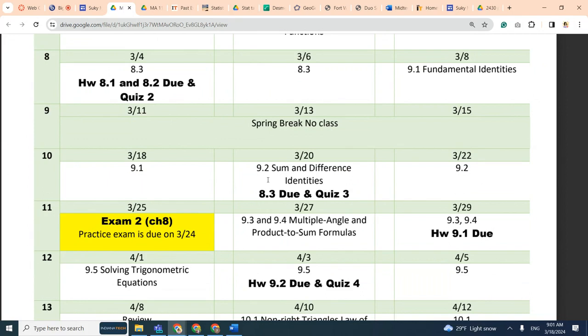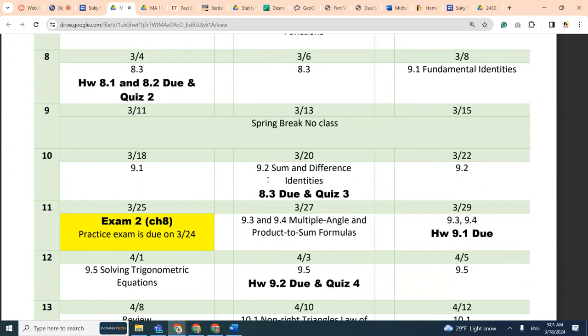You know, the actual exam and the practice exam are similar, right? So you're gonna solve those problems and try it a couple times, and also change the trig functions, because in the practice exam, if I ask you sine, then your actual exam might be cosine, tangent, secant, cosecant, cotangent, right?